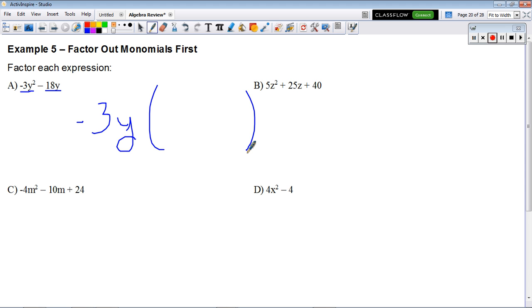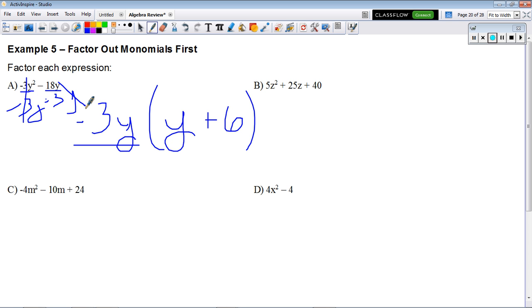To figure out what goes in the parentheses, you take what's factored out and divide that into the two terms. So negative 3y squared divided by negative 3y: the negative 3's cancel, and y squared over y is just y. And then negative 18 divided by negative 3 is positive 6, and the y's also cancel.